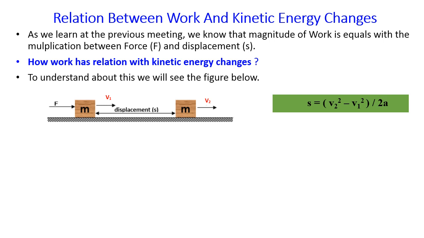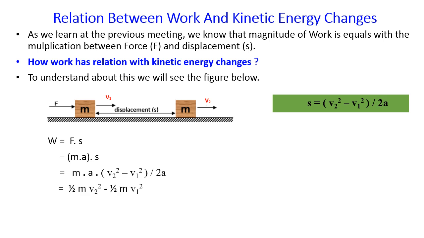To get the relation between work and kinetic energy changes, firstly we use the formula work equals F times S, where F equals mass times a. So work equals mass times a times S. If we substitute S with v2 squared minus v1 squared over 2a, work equals mass times a times v2 squared minus v1 squared over 2a.